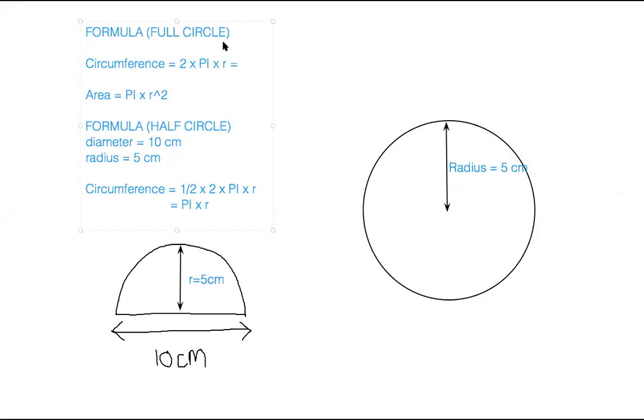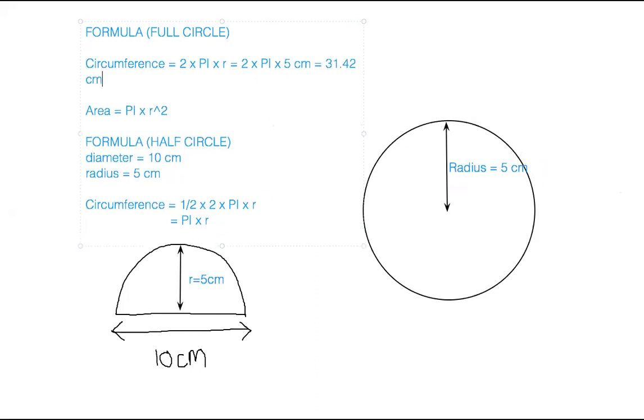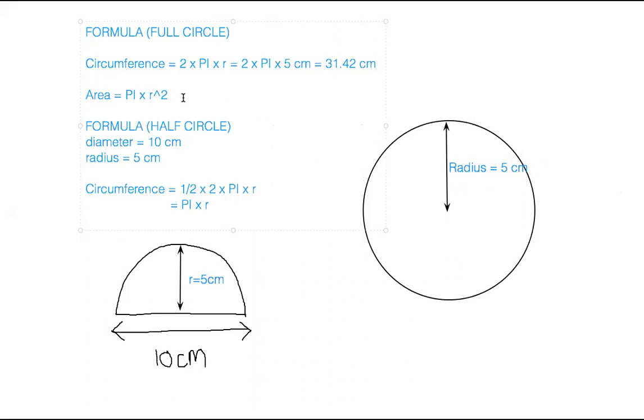For the full circle, what is the circumference for the radius 5 cm? 31.4. 31.42 cm, correct. Celine, calculate the circumference for the half circle, which is pi times 5 cm. Also same radius, right? But this is half a circle. How much do you get?